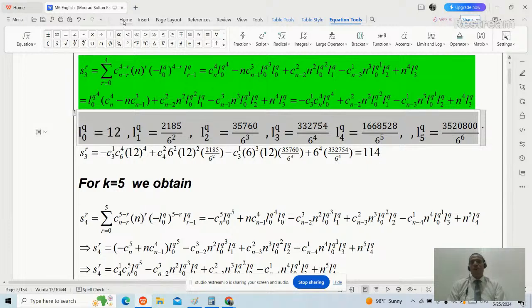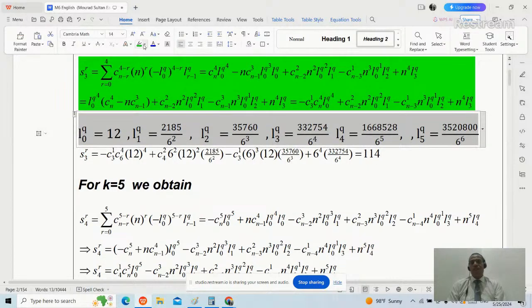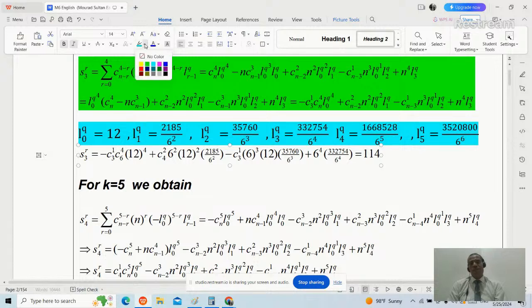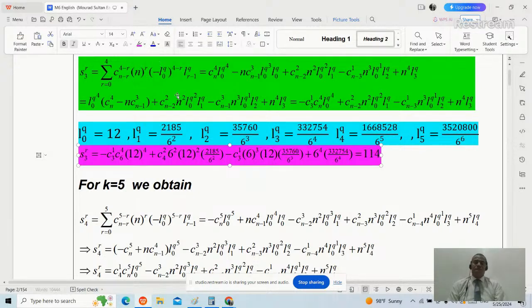Now we should find its value. I'll use the color green for this formula, it is better.